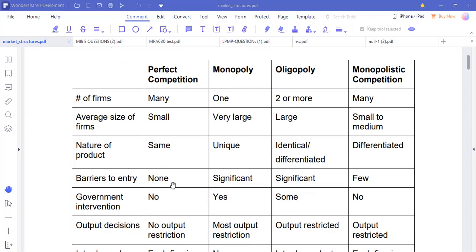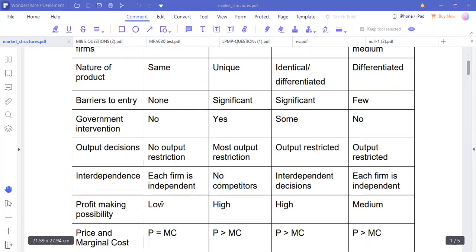Also, there is no government intervention. Government has little control over the activities. The input and output decisions have no restrictions. Each firm is independent; they don't depend on each other.